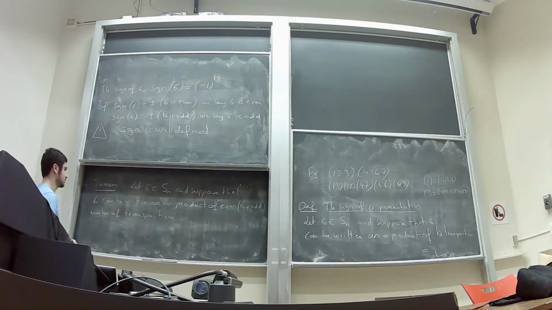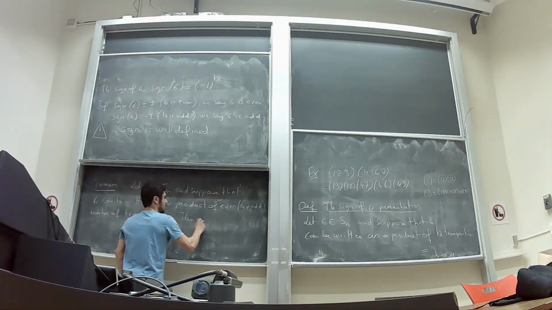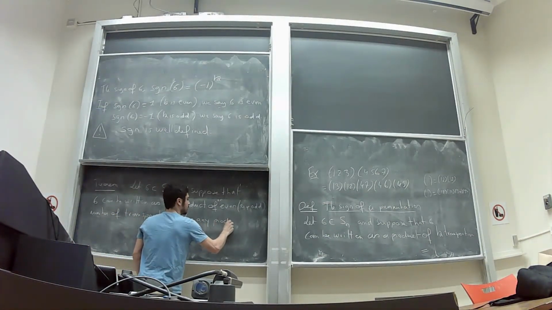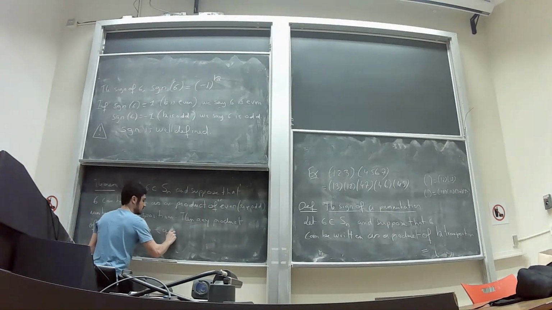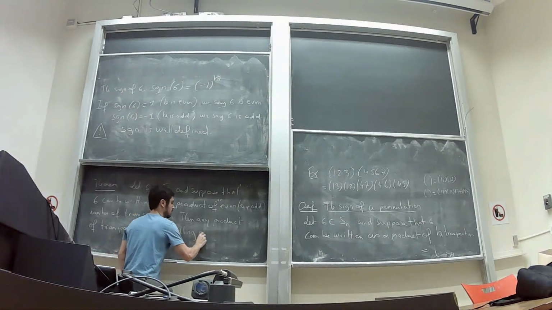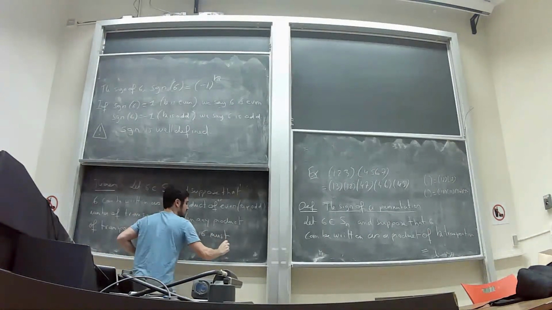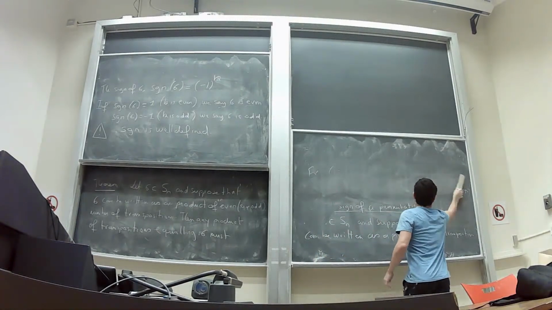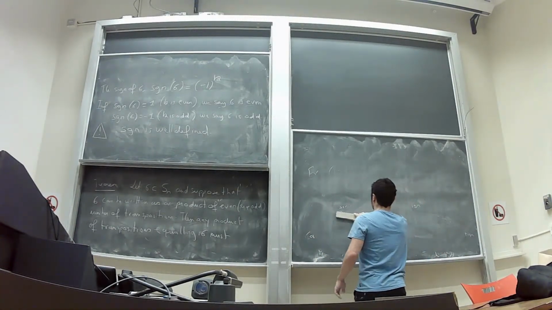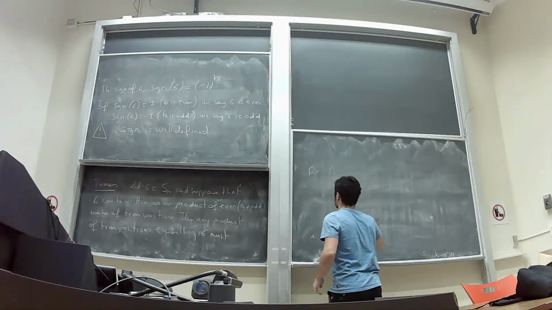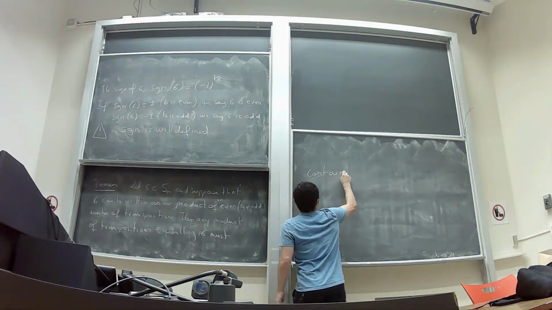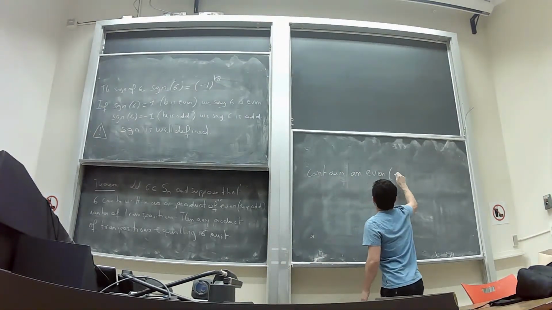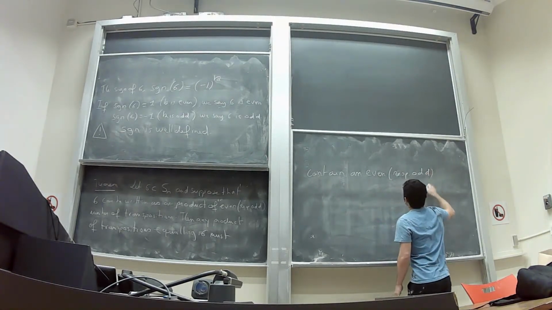Then any product of transpositions equaling sigma must also have an even number of transpositions.